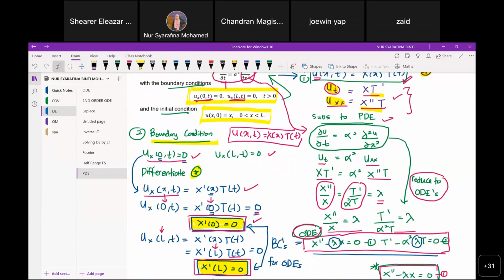So these are the two conditions which are going to be used in the ODE here.